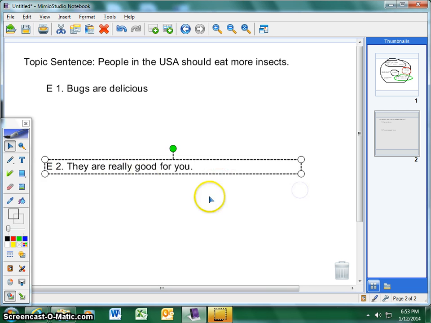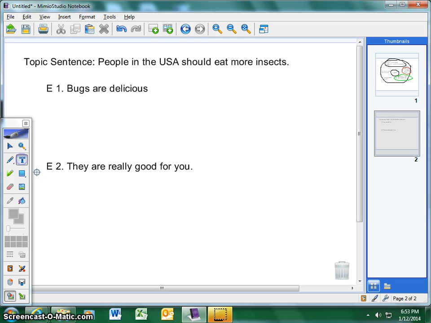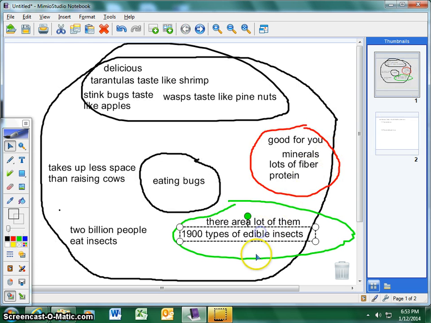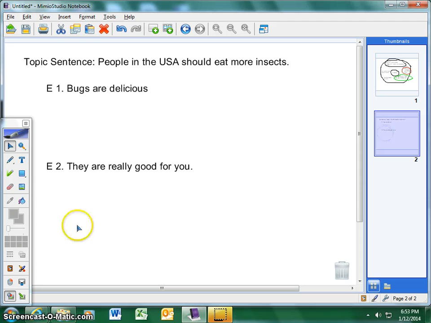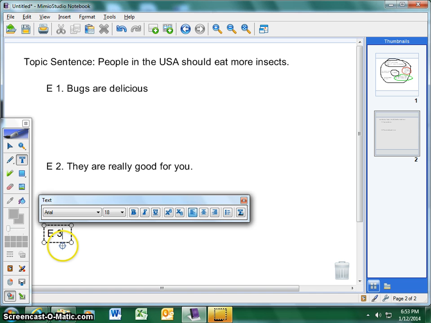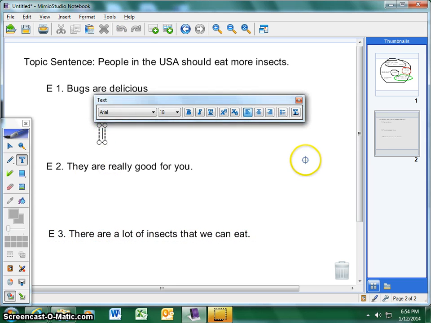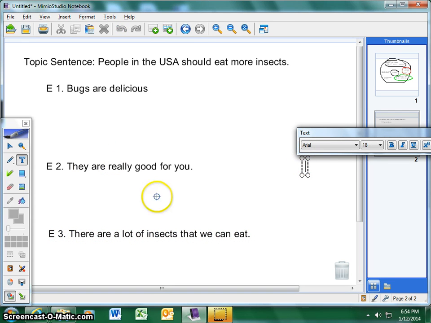Oh, wait, let me do the next evidence. Also, our last piece of evidence is there's a bunch of them. So right here, E3. There are a lot of insects that we can eat. So, people need a lot of food. There's a lot of insects. That's a piece of evidence.